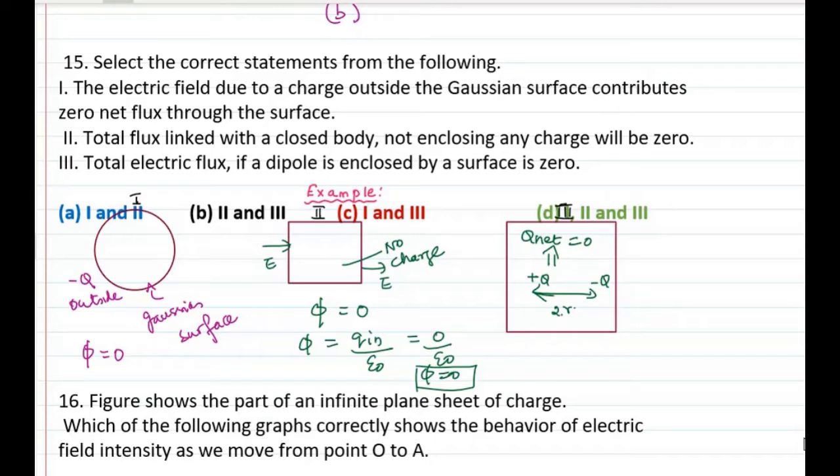So when there is no charge inside the closed surface, the total electric lines entering and leaving will be equal. So phi is equal to q by epsilon naught, which is 0 by epsilon naught, so the answer is 0. So all three statements are correct. Option D, which is 1, 2 and 3, is the answer.